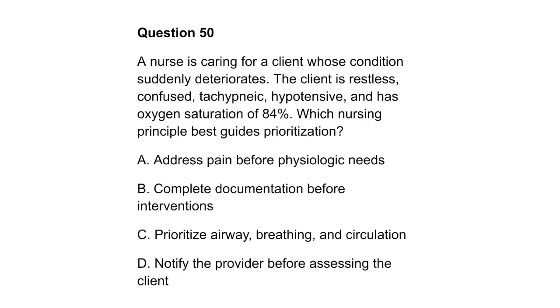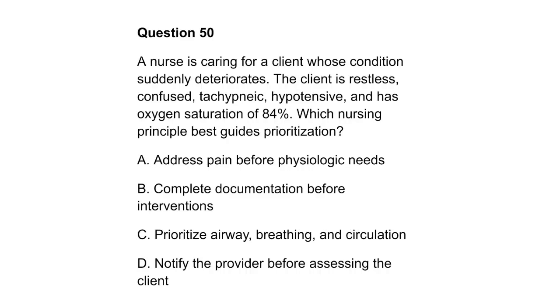Question 50. A nurse is caring for a client whose condition suddenly deteriorates. The client is restless, confused, tachypneic, hypotensive, and has oxygen saturation of 84%. Which nursing principle best guides prioritization? A. Address pain before physiologic needs. B. Complete documentation before interventions.